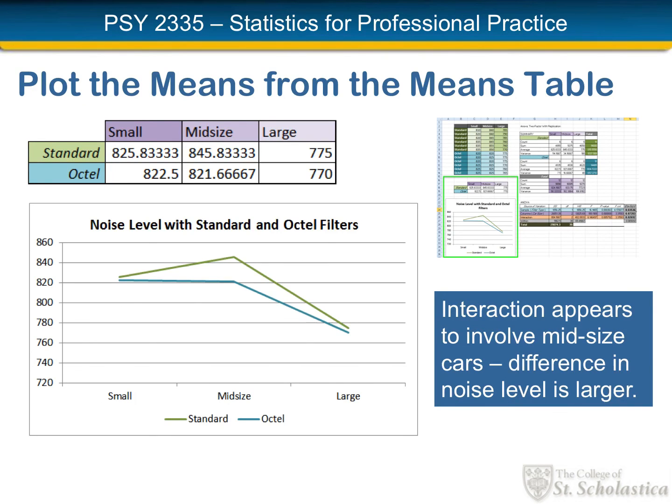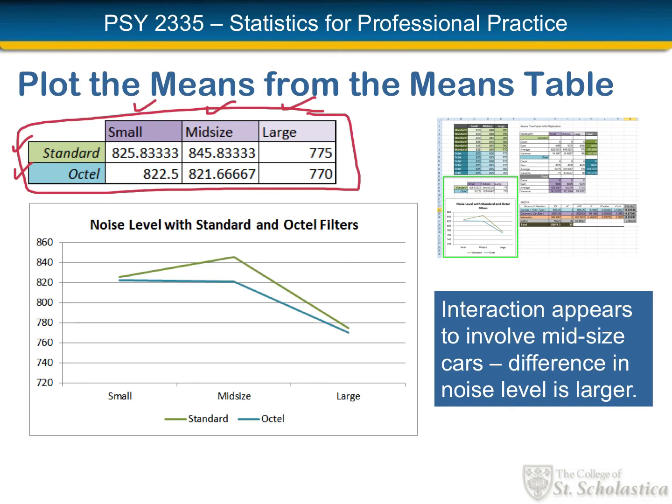The last thing that I want to look at is a graph, because the graph helps me understand the interaction effect. And what I'm graphing are the means in each of the 6 cells. So I've arranged the means for small, medium, and large cars with the standard and with the octal filter. And when I select this entire part of the data, including the labels, and use the Insert tab and choose a line graph, I get a result that looks like the one below.